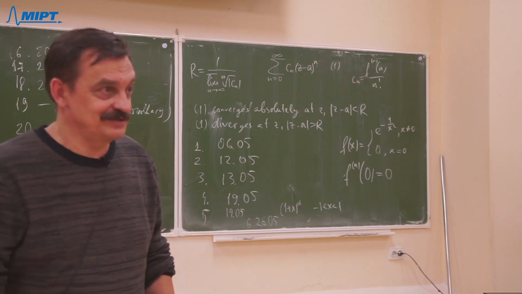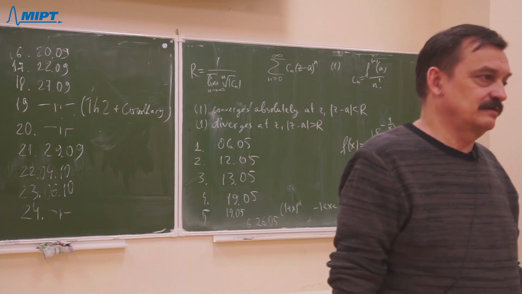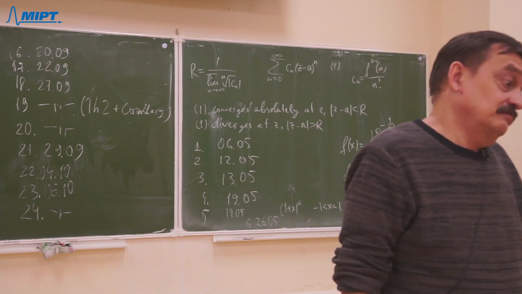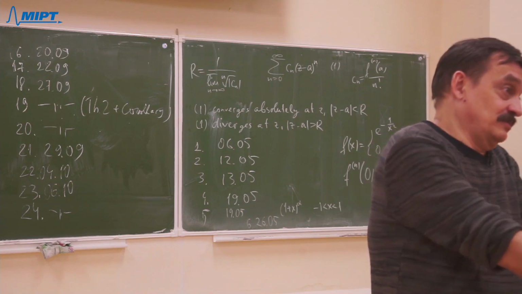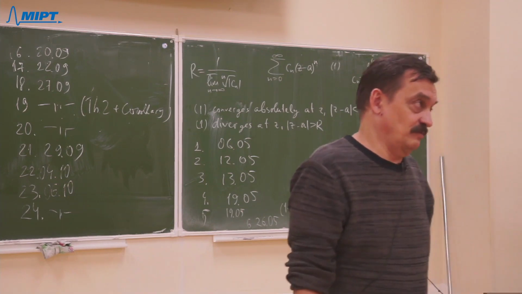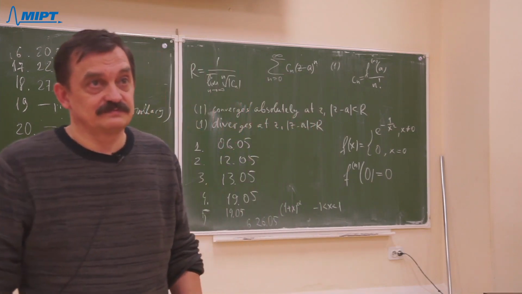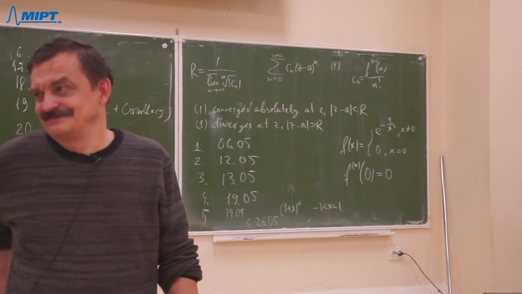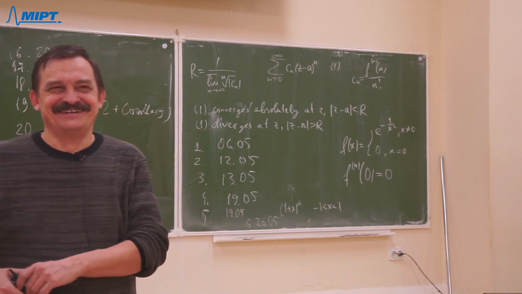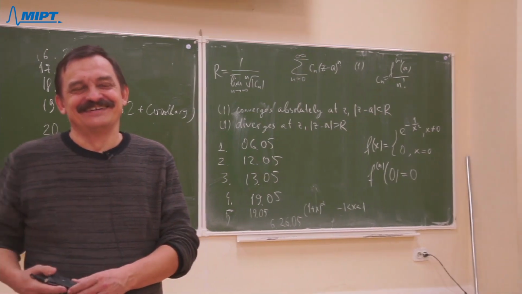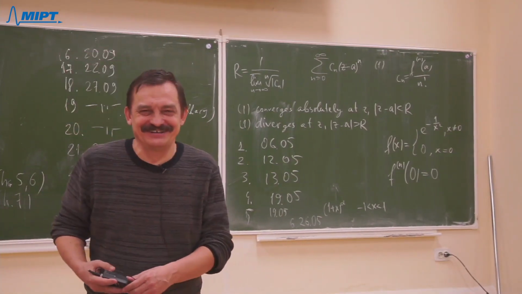I'll write questions. You will start your answer and then you will continue the proof. It's not a problem, of course. Yeah, I understand, but it is not a good idea to use Blackboard during the exam.